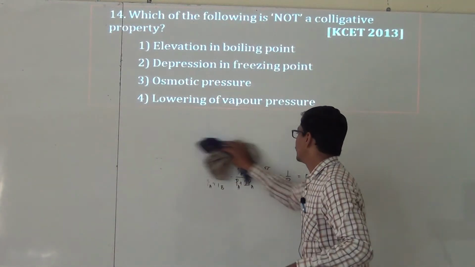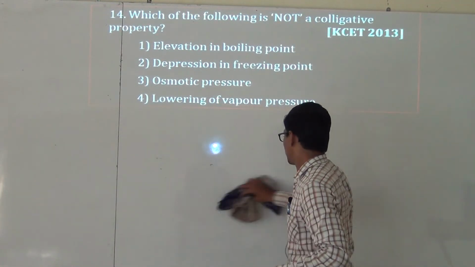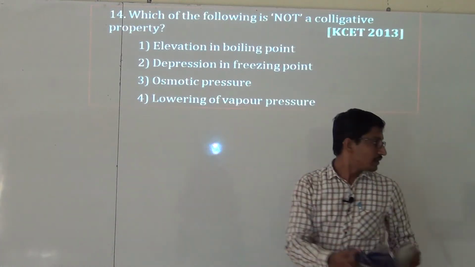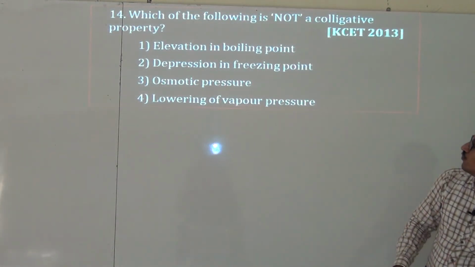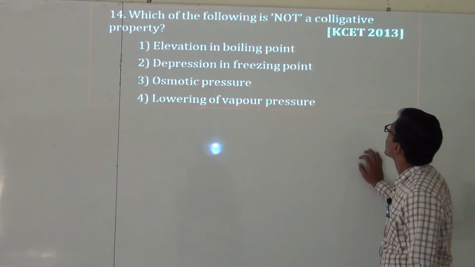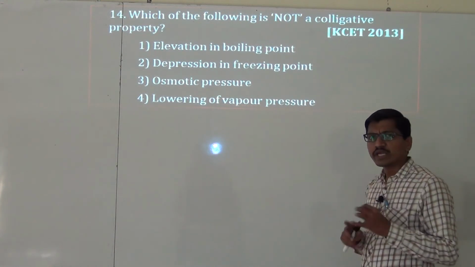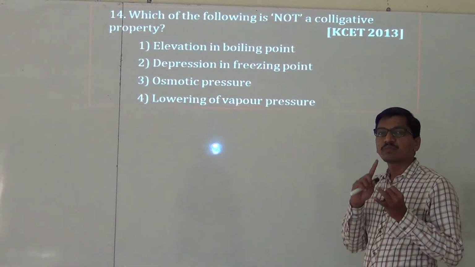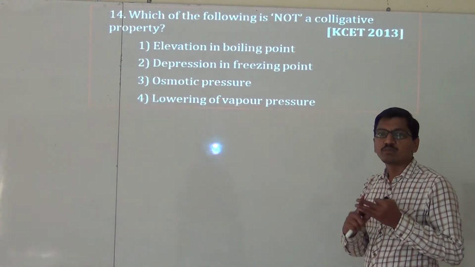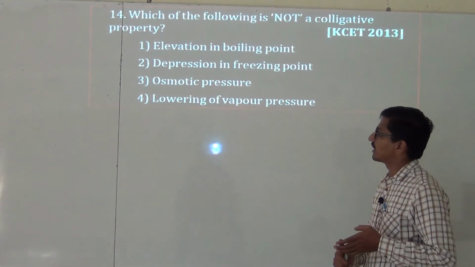Next question is, which of the following is not a colligative property? There are four important colligative properties: relative lowering of vapor pressure, elevation of boiling point, depression of freezing point, and osmotic pressure.